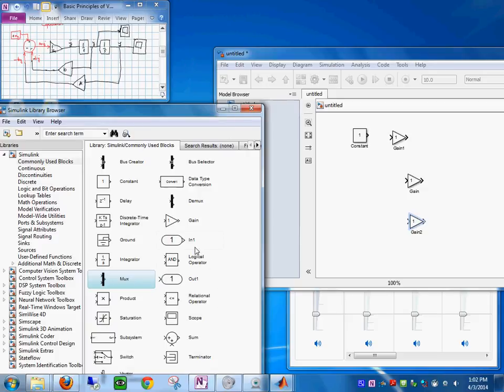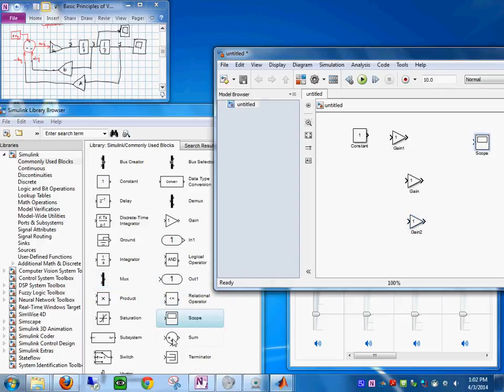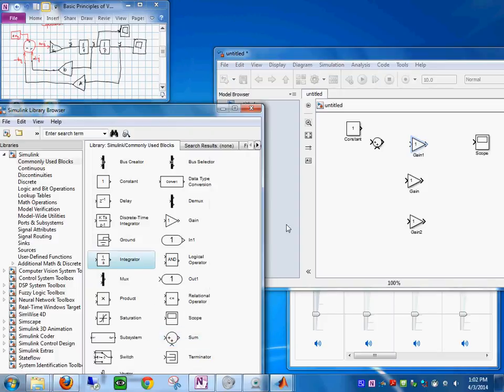Okay, we need the integrators. And of course, we need this, and we need a summation point. And we have 2 integrators. Those are these guys.